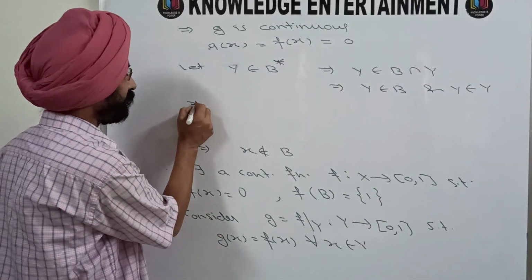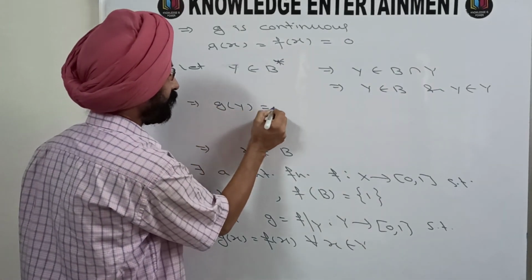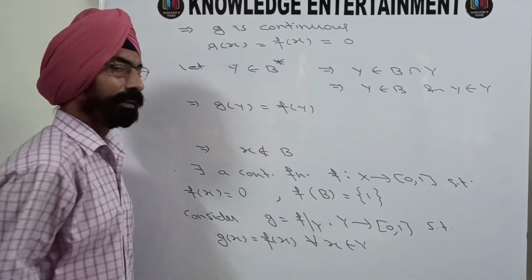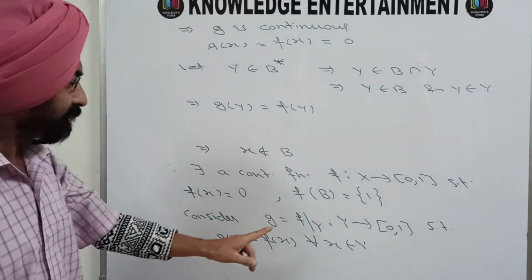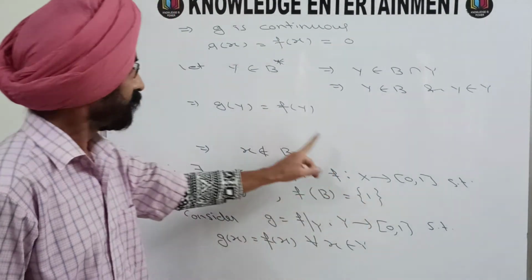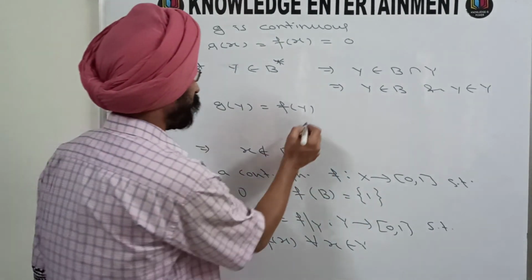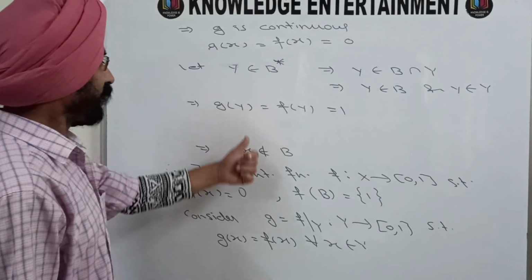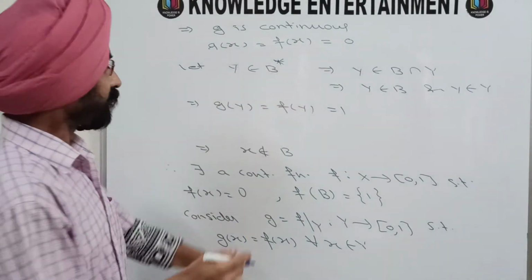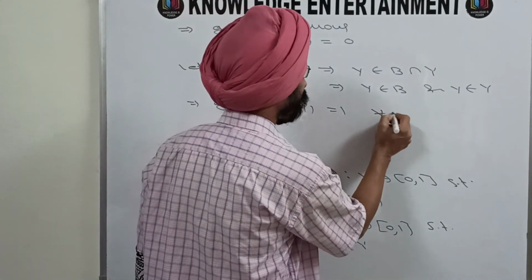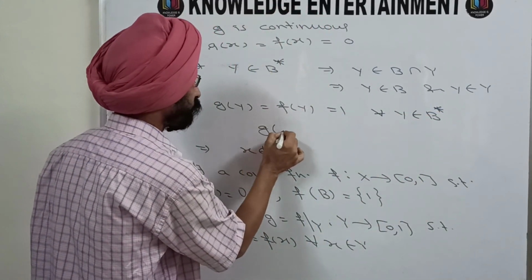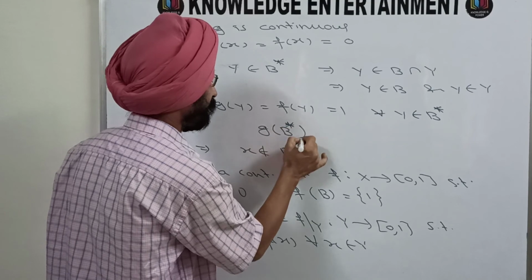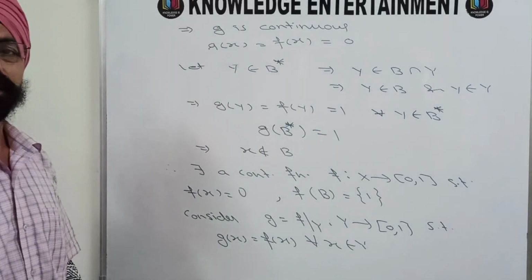So G of y is equal to F of y, but y is in B and F of B is 1, so F of y is 1. You have taken y from B star, so G of y is 1 for every y belonging to B star, or you can say G of B star is 1.